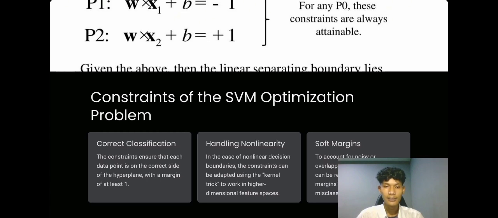In the case of nonlinear decision boundaries, the constraint can be adapted using the kernel trick to work in a higher dimensional feature space. Soft margin. To account for noisy or overlapping data, the constraint can be relaxed using a soft margin, allowing for some misclassification.